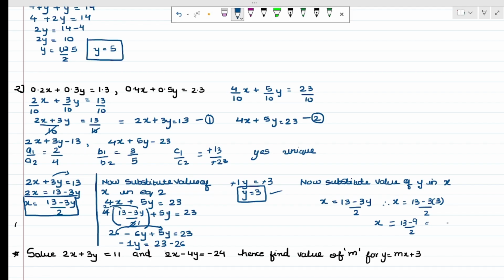What will I get? 13 minus 9, you will get 4 upon 2. 2 1s are 2, 2 2s are 4. So, my x is equal to 4. What did you get as the value of x? You got the value of x as 4. So, how can you write your final answer? x comma y is equal to 4 comma 3. This will be your final answer for the equation given. Okay, easy to solve. Okay.